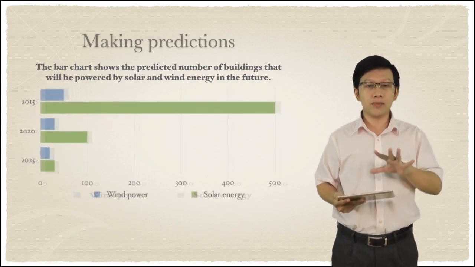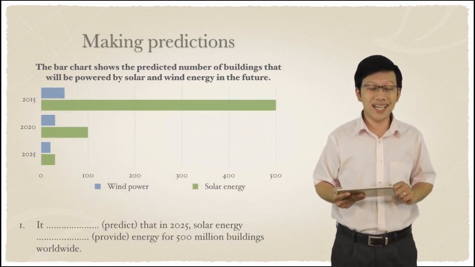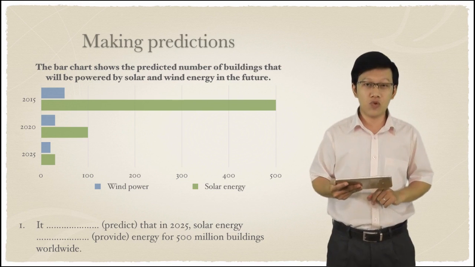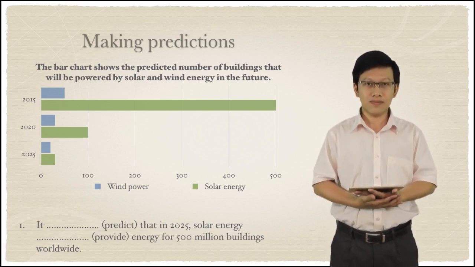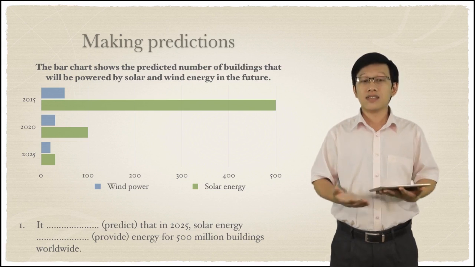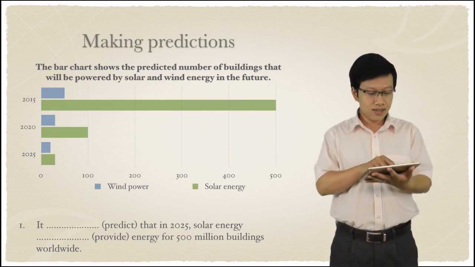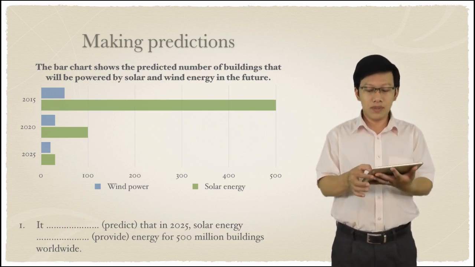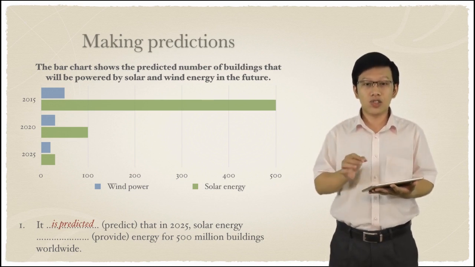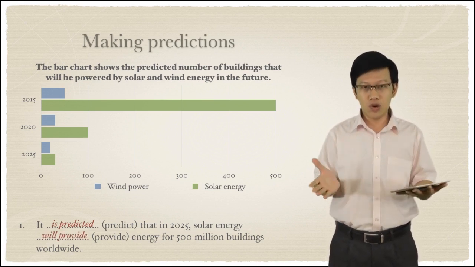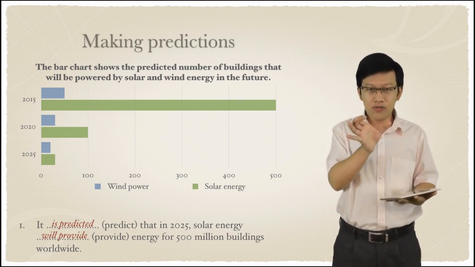I will show you now some sentences. Your job is to fill in the blank with the appropriate form of the word. So for example, with the first sentence, it is predicted that in 2025, solar energy will provide. Simple. So you use a phrase first.